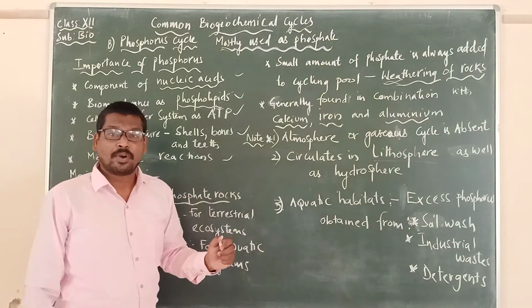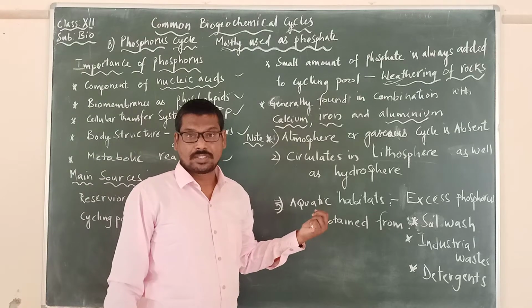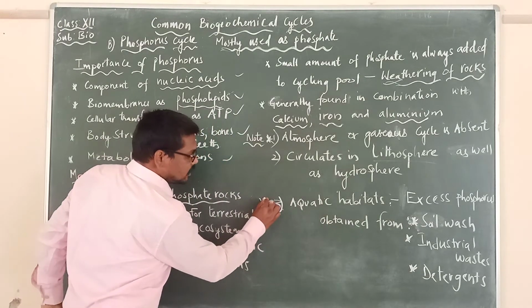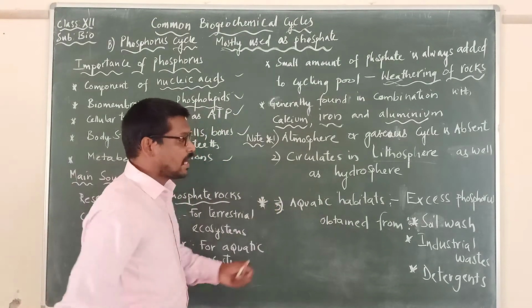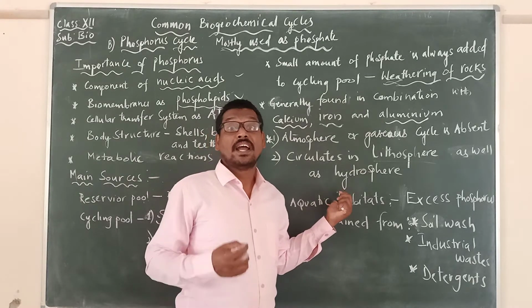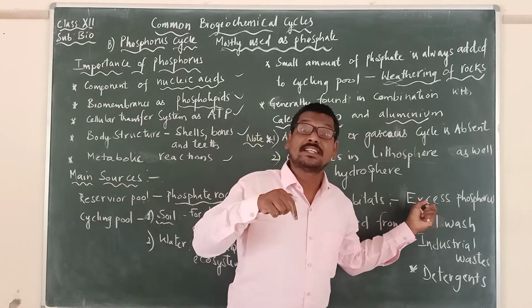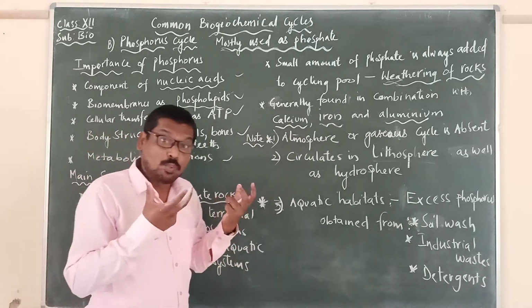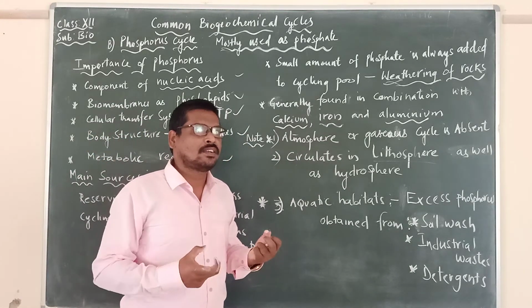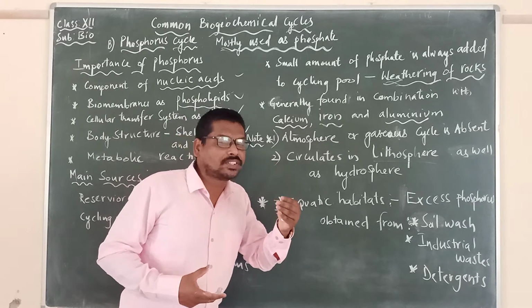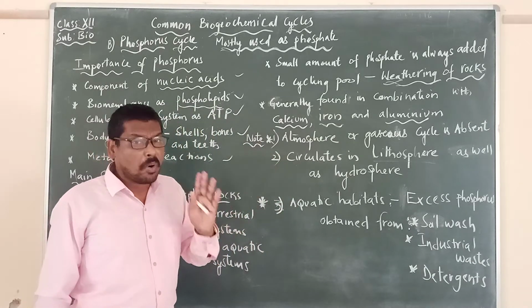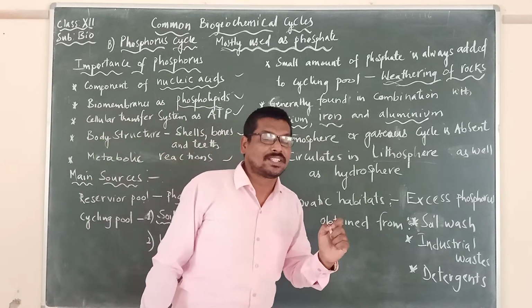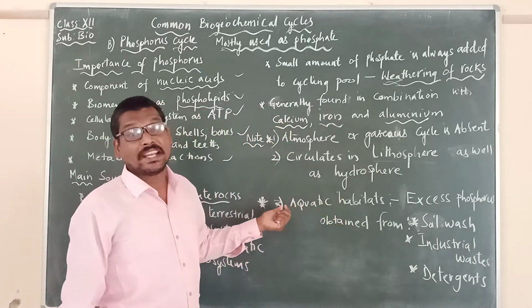And now the other point is about aquatic habitats. Remember, this is another very important point. Aquatic habitats consist of excess concentration of phosphorus. Aquatic habitat means water will have an excess concentration of phosphorus. More phosphorus is present in the aquatic habitats.